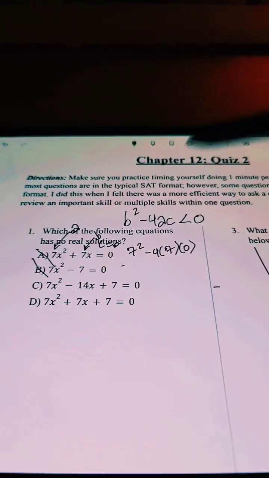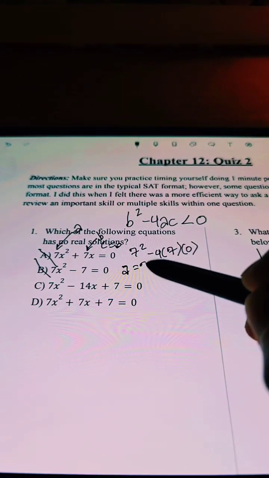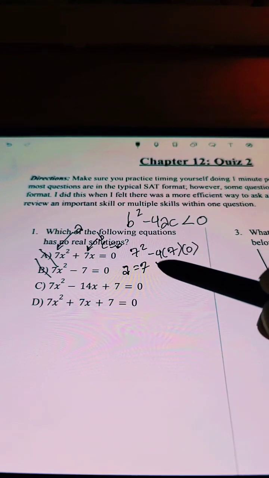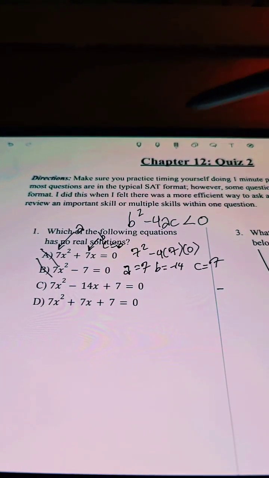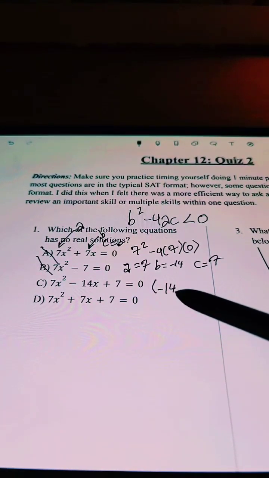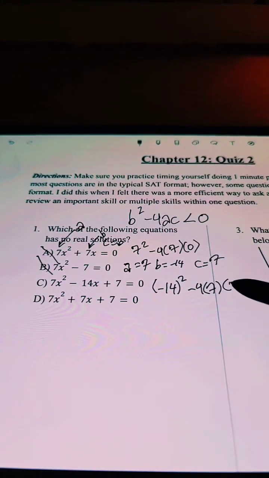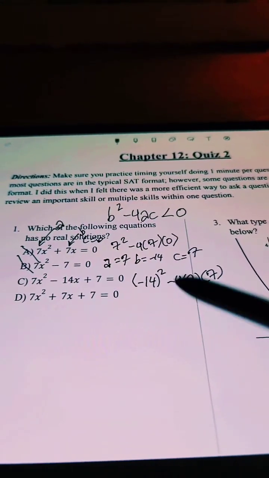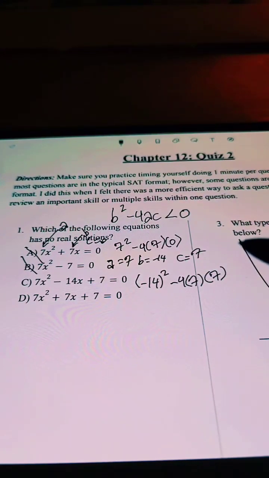So now let's go to C. For C, A is 7, B is negative 14, and C is 7. Let's plug that into the discriminant formula: negative 14 squared minus 4 times 7 times 7. Negative 14 squared, I think that's 196.